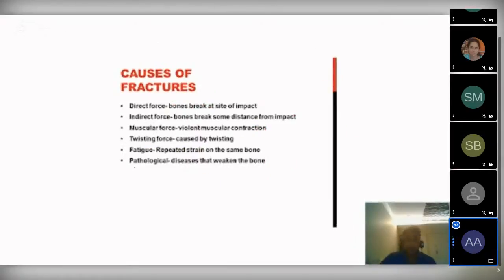Causes of fracture, okay, just to break the monotony. Direct force: bones break at the site of the impact. So one more thing you should remember, how will I know whether the fracture is because of direct or indirect impact? There can be telltale signs on the skin.